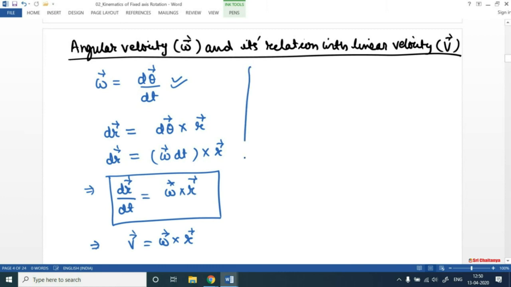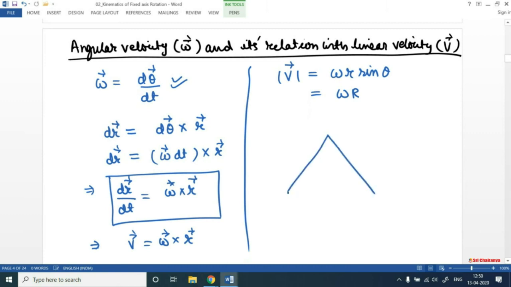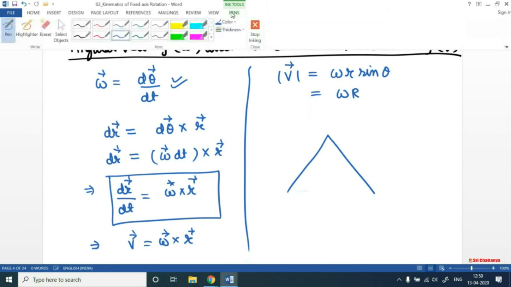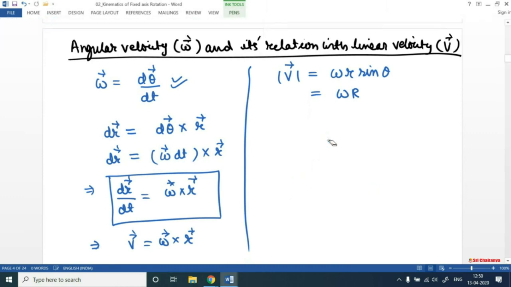Now about its magnitude, v will be equal to omega r sine theta. And r sine theta would be nothing but capital R over here, like in the very beginning we looked at the triangle, where the point was moving along a circular path.